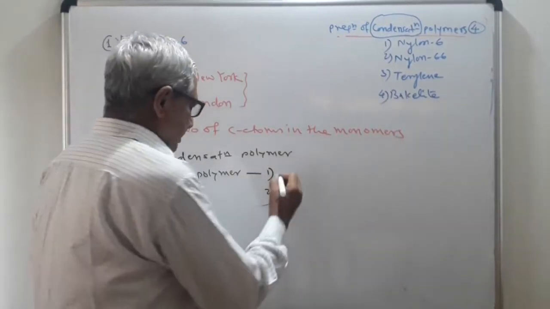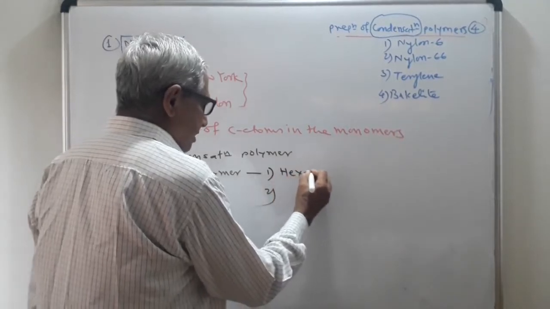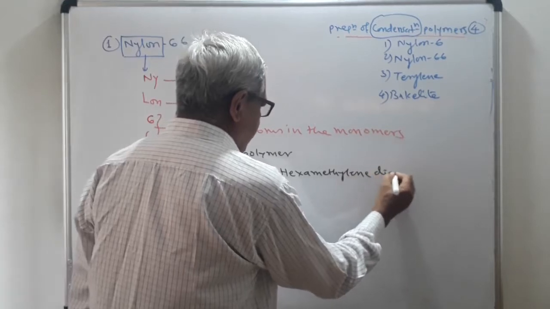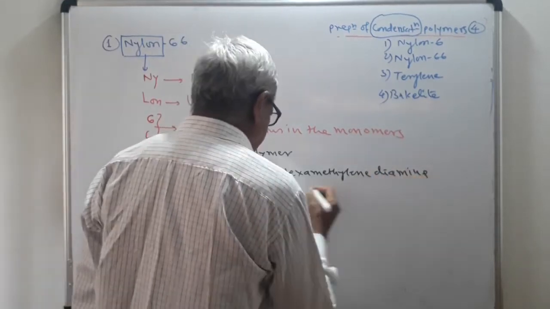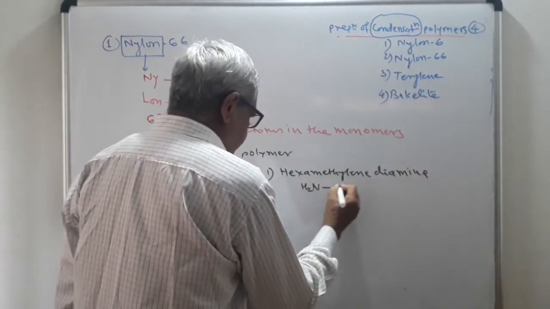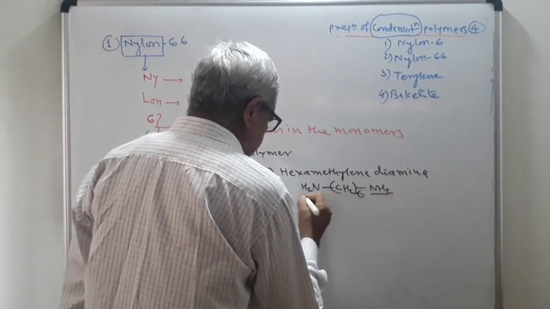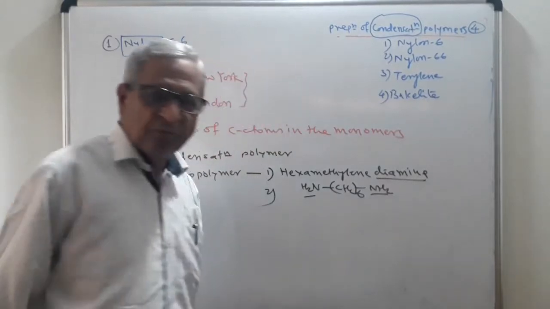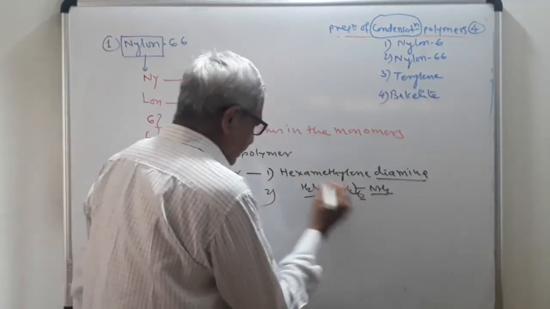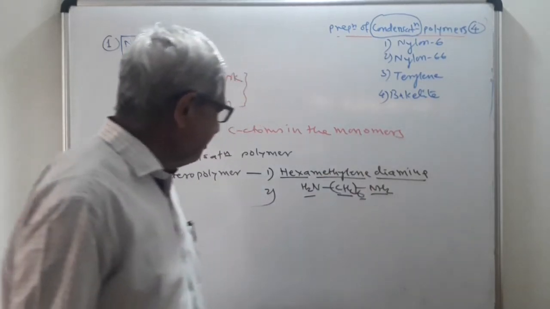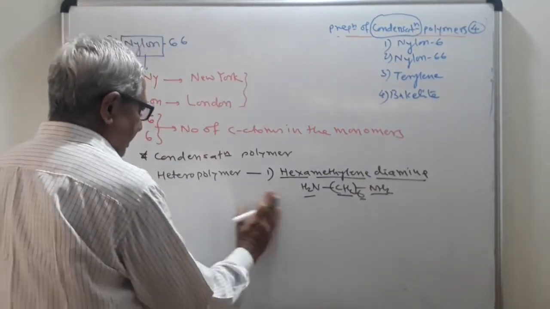One is hexamethylene diamine. The formula is like this: NH2, CH2 6 times, NH2. Therefore diamine, 6 indicates hexa, CH2 indicates methylene. Therefore the name is hexamethylene diamine.